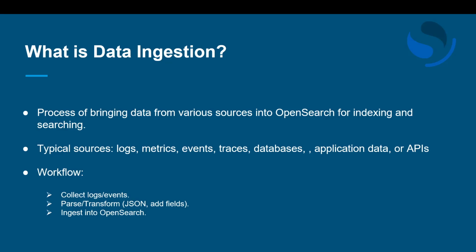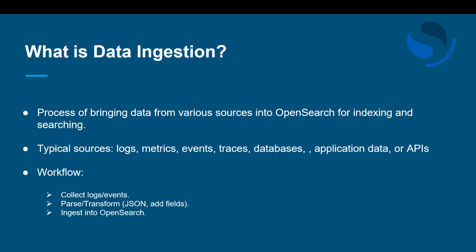What are the typical sources from which the data is collected? They are logs, metrics, events, databases, etc. Logs and metrics are records of events and performance measurements of your computer systems. For example, you can take a web server log file of a site which you visited.